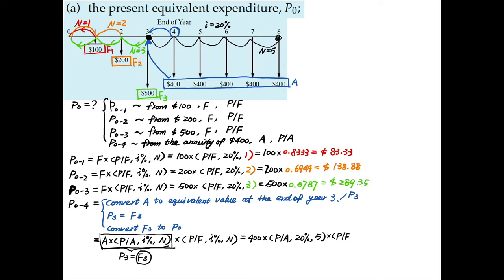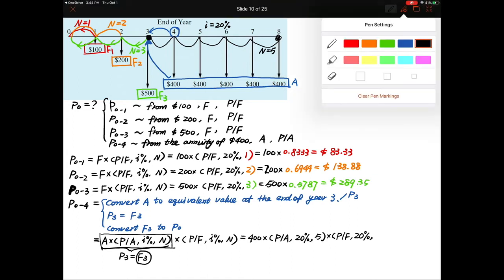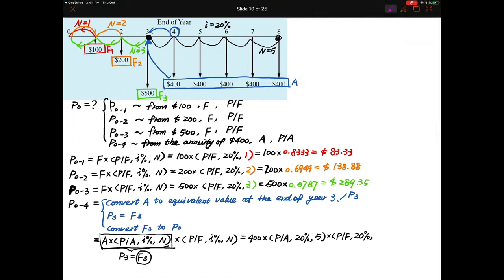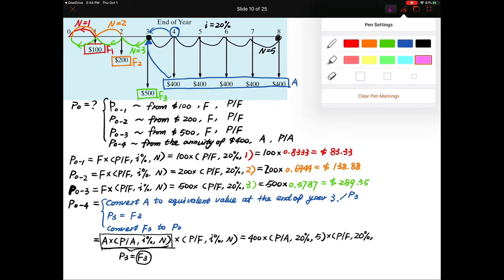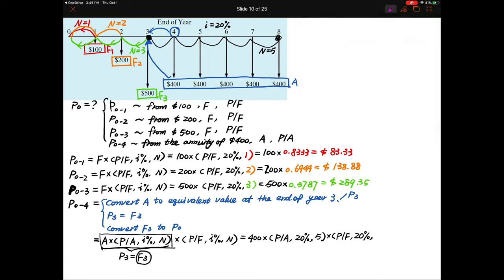Another factor will help you to jump from some future value at year 3 to year 0. So what is the n?